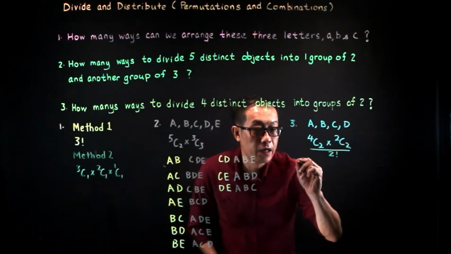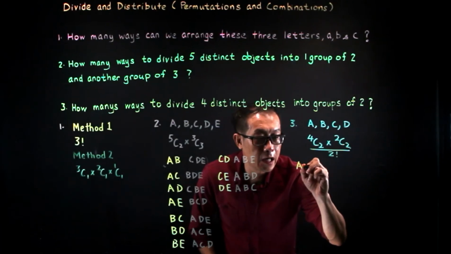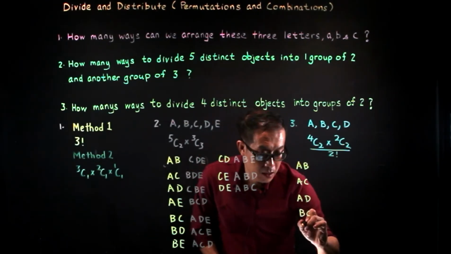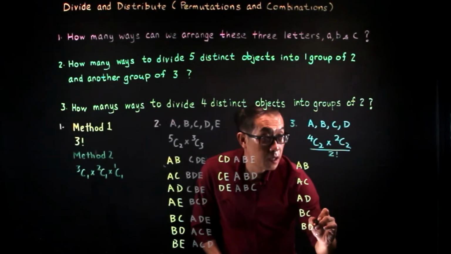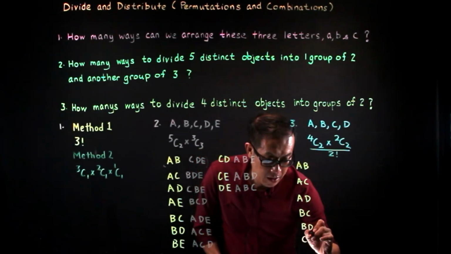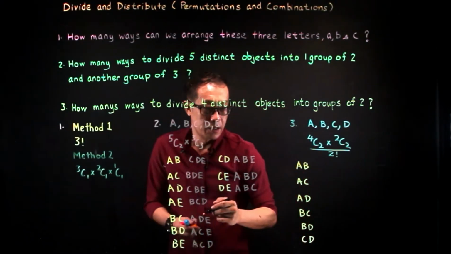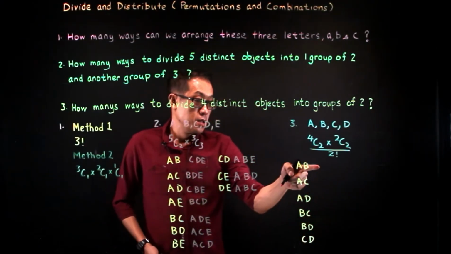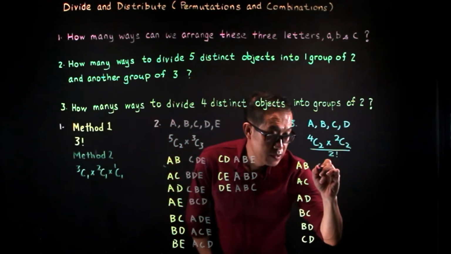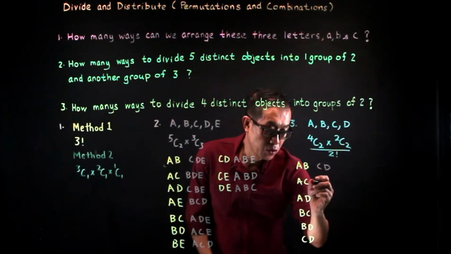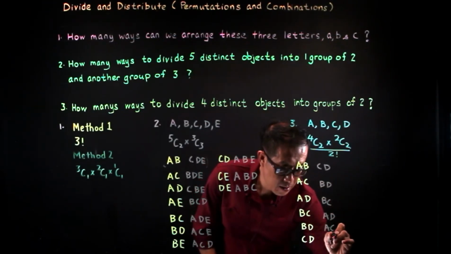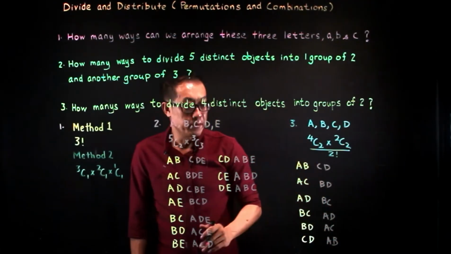I have AB, BD, and CD. Alright. Now, so I'm left with CD, there's another group, AB. Now, there are 6 of them.